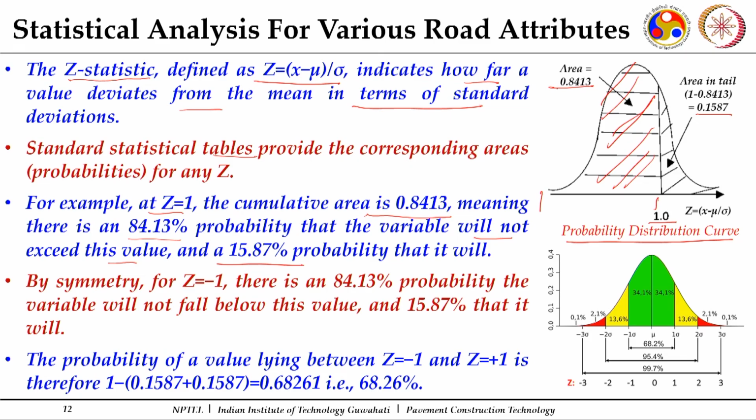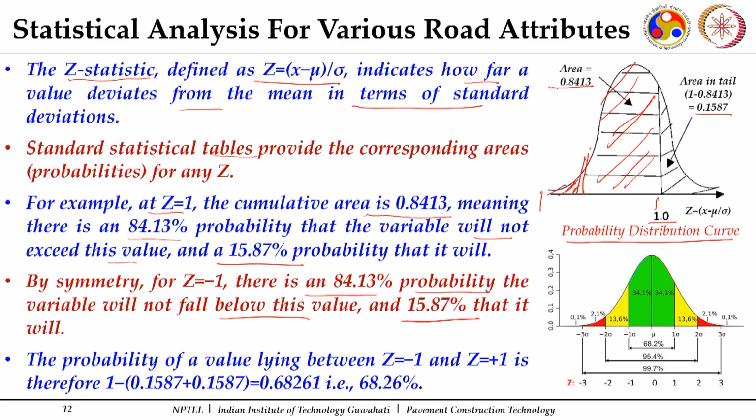Similarly, if the variation is on the negative side, then we can say there is an 84.13% probability that the variable will not fall below this value, and whatever is in this particular tail will again be 15.87%.